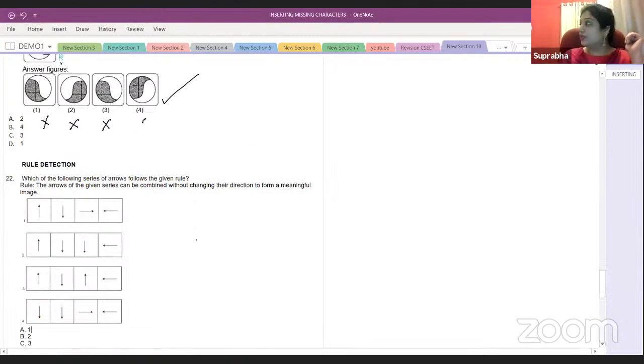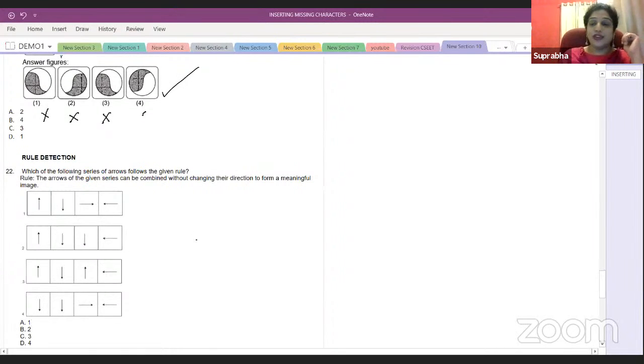So here is a rule detection. They will give you an image with a rule. So which image follows the rule, that you have to choose.